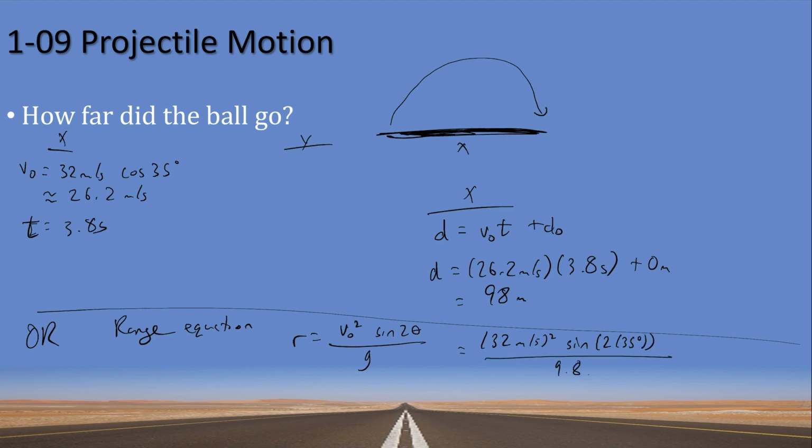And g is 9.8 meters per second squared. And put that in my calculator, and imagine that it comes out to be 98 meters. Either way works. The range equation is only, though, when you start and stop at the same height. So d equals d0, same height.